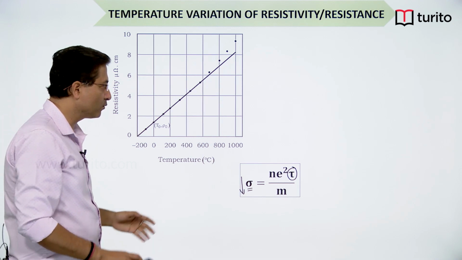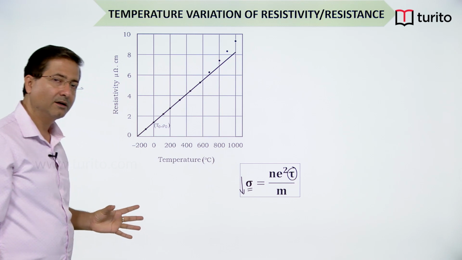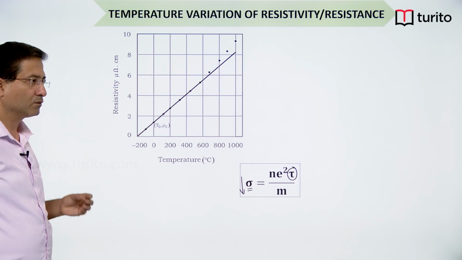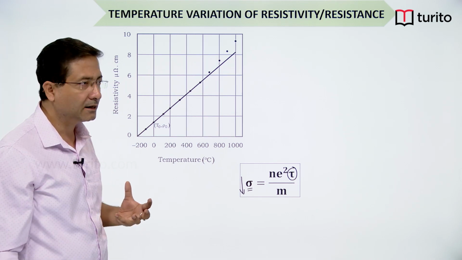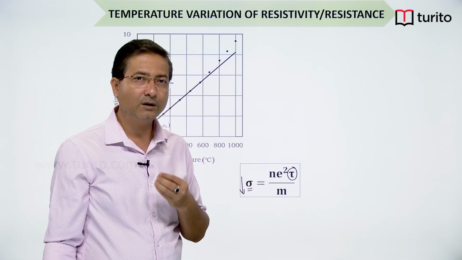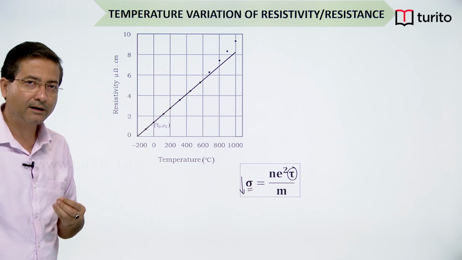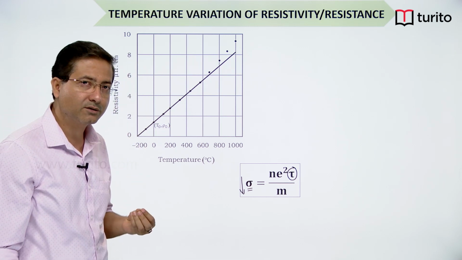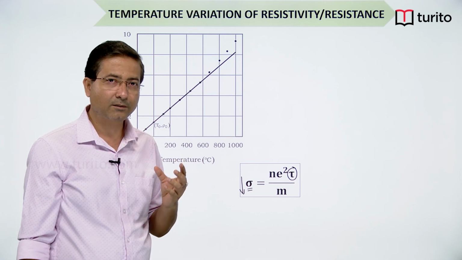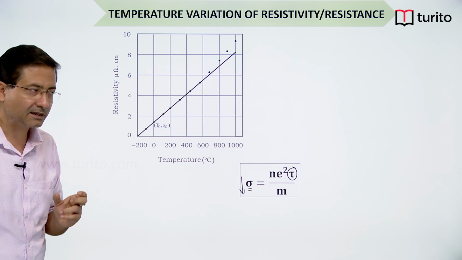And why that is happening, we got from the expression we derived in the last class. When we heat up the material, electrons will have more kinetic energy. If electrons have more and more kinetic energy, then they will frequently collide with the atoms, and as the collisions are more frequent with more energy, they are taking lesser time.